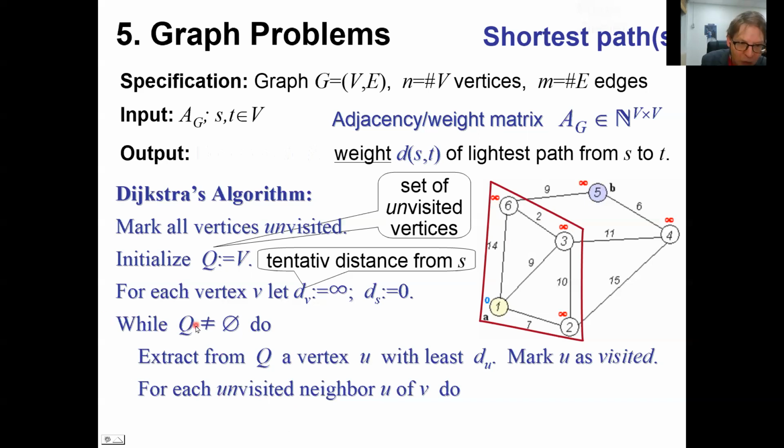So there's an outer part of the loop which keeps extracting least keys from the queue, and inside this loop there's another loop that looks at the unvisited neighbors, and there's only one unvisited neighbor from here, and that's this one.